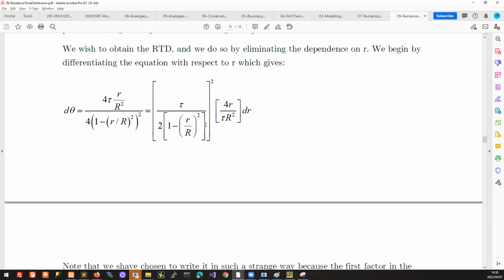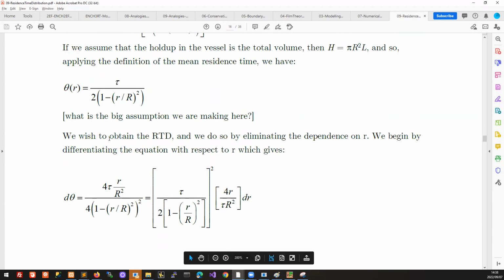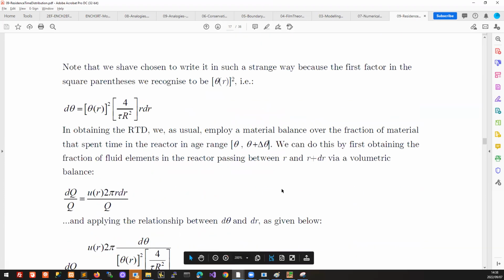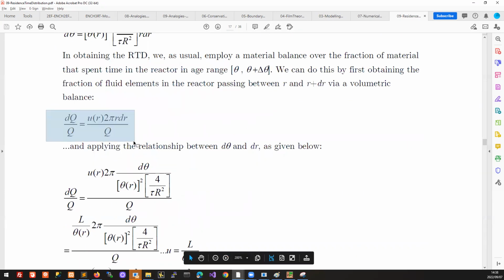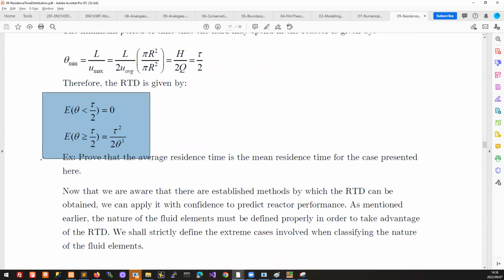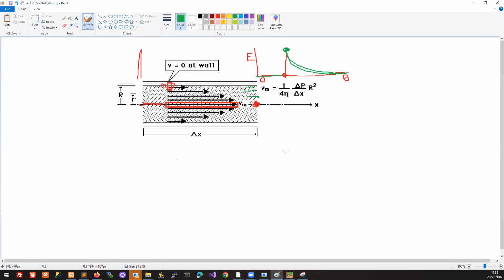So you calculate the residence time at each radial position, since we know the velocity at each radial position. You can translate that into an age for a radial position, work out d theta dr, and use that to estimate the fractional contribution at the exit. You can then interpret that as an RTD. So that's what you get for E of theta for laminar flow.